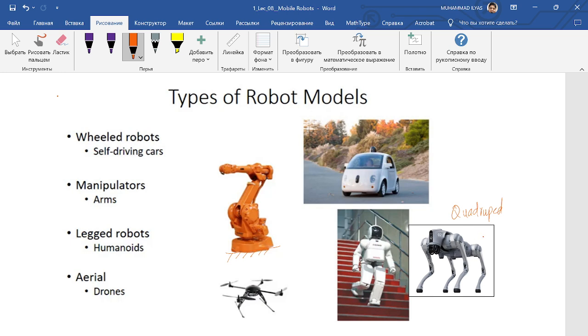So they are examples of the legged robots. Then aerial robots which can fly. These can be quadrotors, or can have any number of rotors, or even fixed-wing drones. They all come under the category of flying robots.